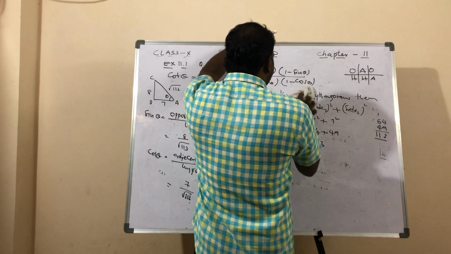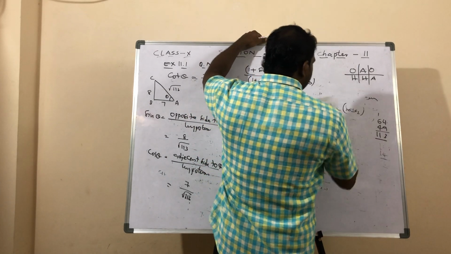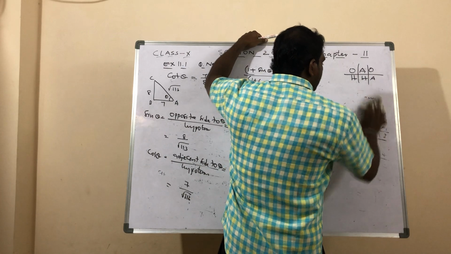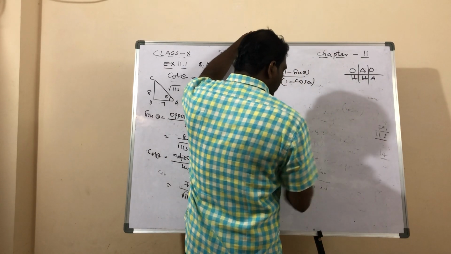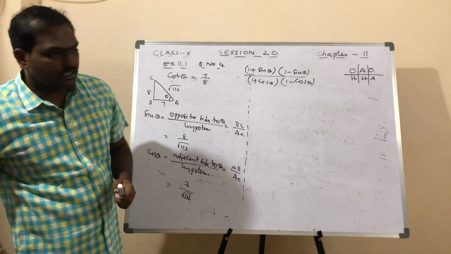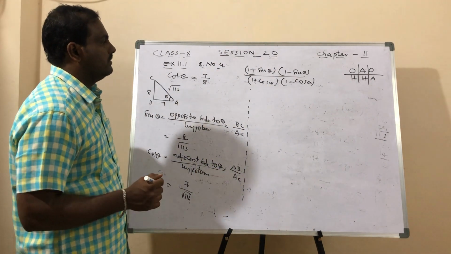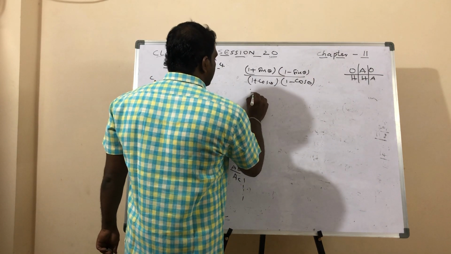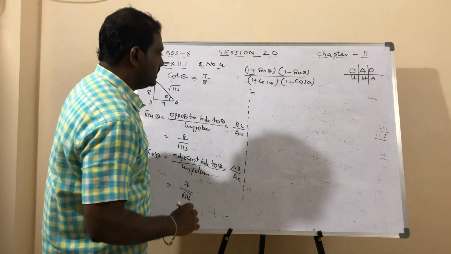Now we will substitute these values in the given question. That means he asked you to find out 1 plus sin theta into 1 minus sin theta by 1 plus cos theta into 1 minus cos theta, right? So here we can do one trick.